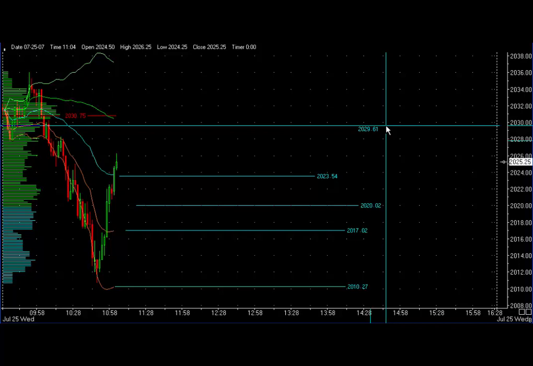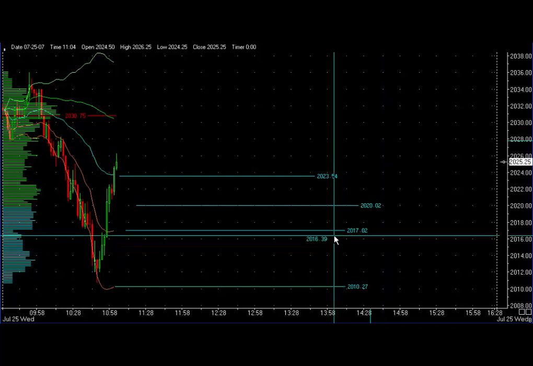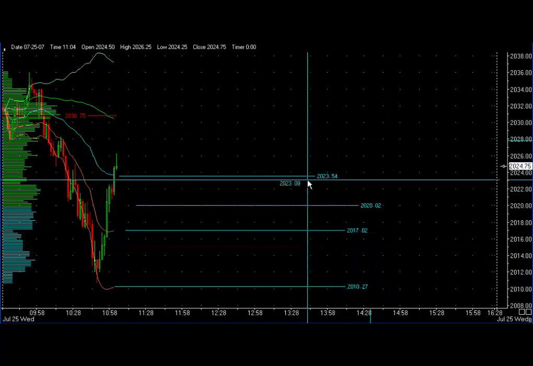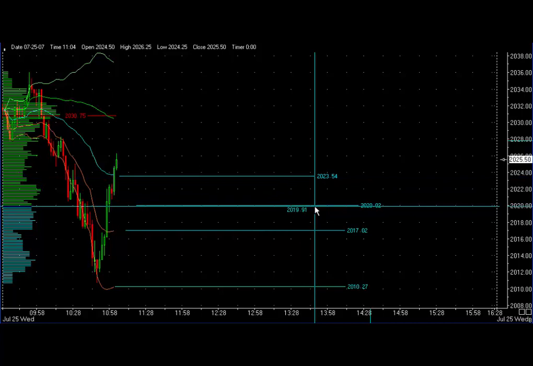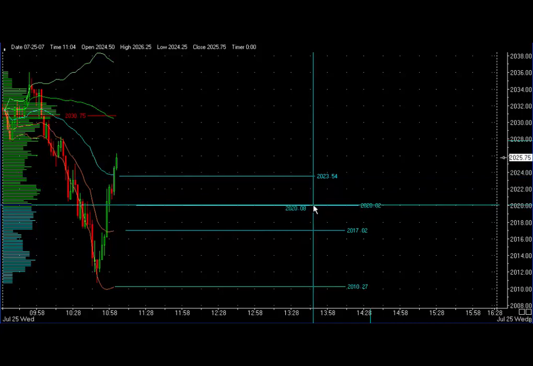Okay, we're in with two contracts. First contract at 2017, second contract at 2023.50. Break even plus one tick or minus one tick is 20.20. He has two choices. He can exit both contracts at 20.20 and end up with a profit of 2 ticks.